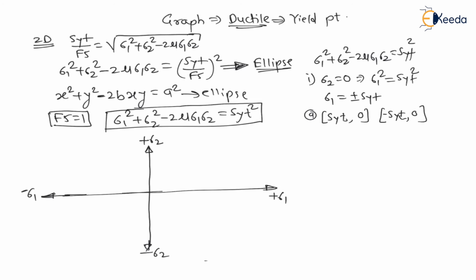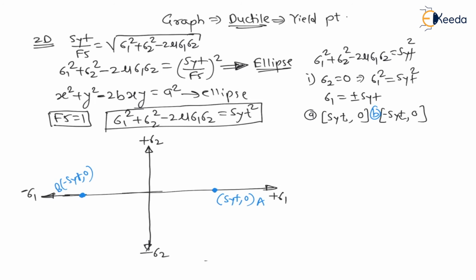First is A and second is, let us say, B. Point A is SYT comma 0, the point will be here, and the second point is minus SYT comma 0, somewhere here. This is point A, this is point B, that is minus SYT comma 0.